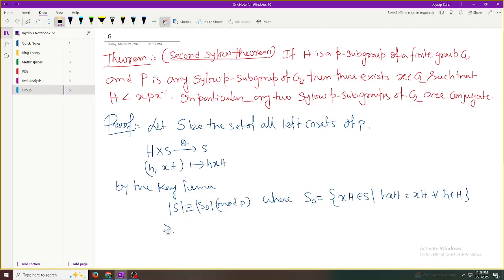Okay, now what is this S0? Now the cardinality of S equals G colon P, right?